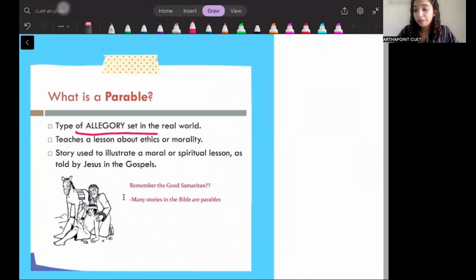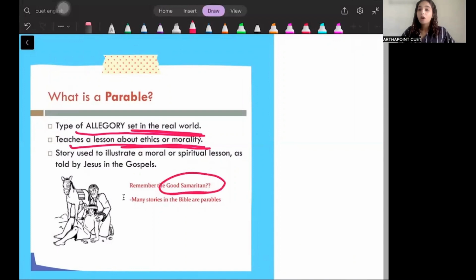Now, it is a type of allegory. It is set in the real world. It teaches us a lesson of ethics and morality. So let us look at this example, the Good Samaritan. Now, what happens in the Good Samaritan? This is basically a parable wherein a Jewish traveler is attacked and left for dead. While most people ignore this Jewish traveler, a Samaritan helps him.